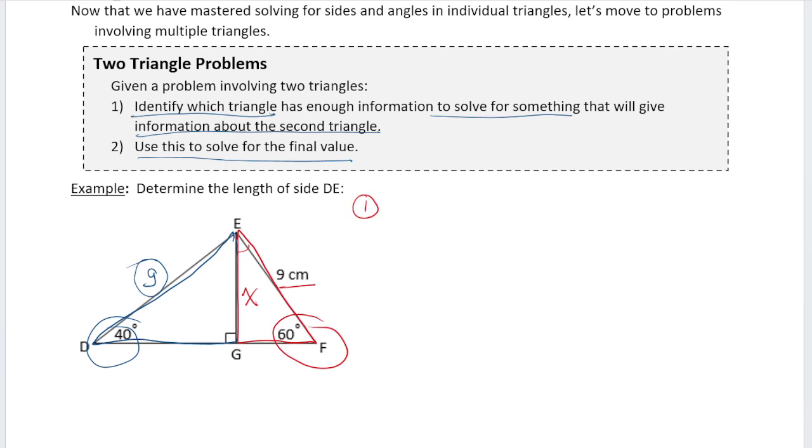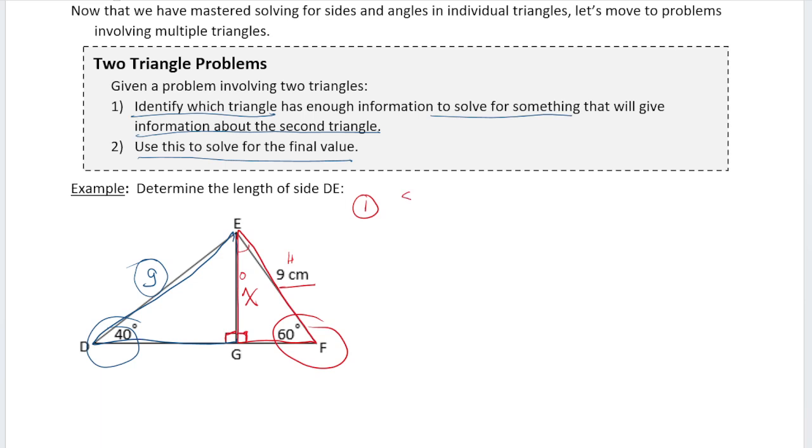But let's find X. So if that's my reference angle, because if that's a right angle on that side, then it's also a right angle on that side. So I do have right triangles. It is a SOHCAHTOA problem. From here, this is the opposite side, and this is the hypotenuse. So we are using sine.